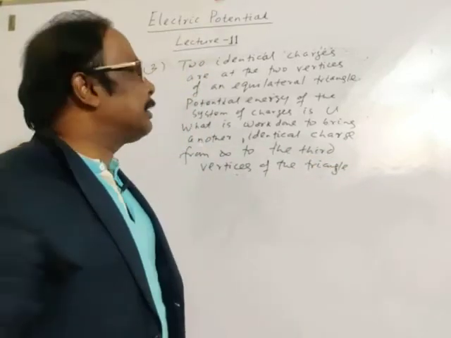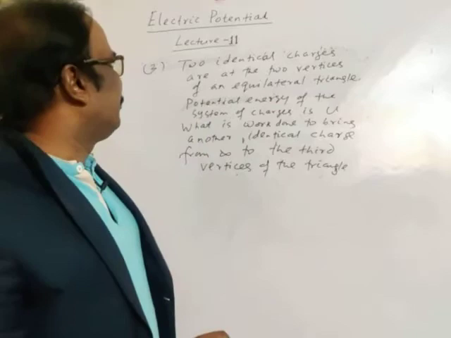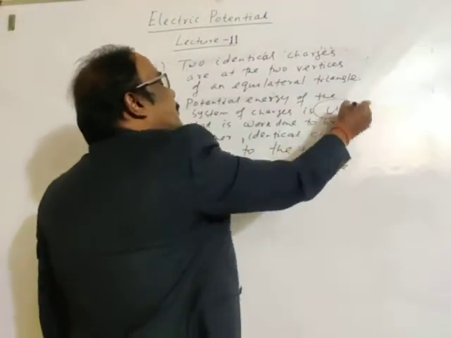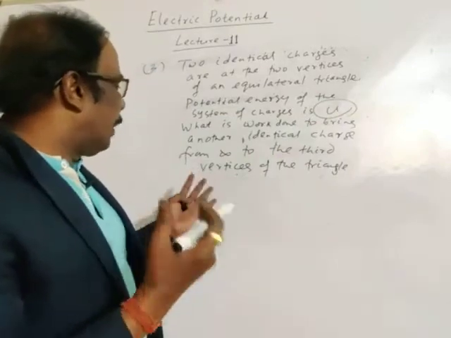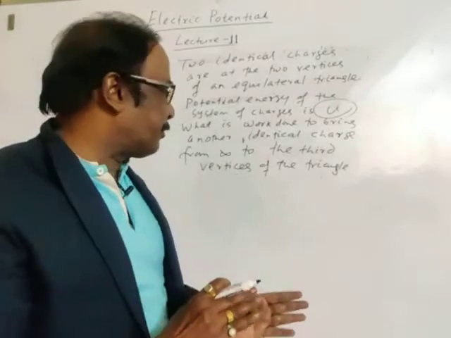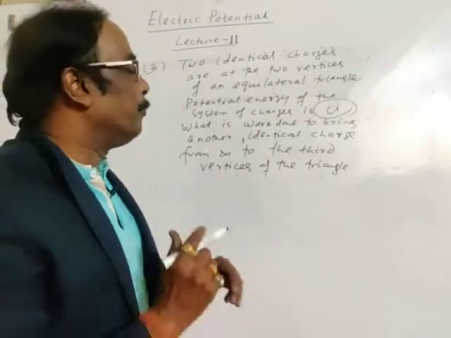Initially there are two identical charges at two vertices of the equilateral triangle, and the potential energy of the system of two charges is U. Then what will be the work done to bring another identical charge to the third vertex?